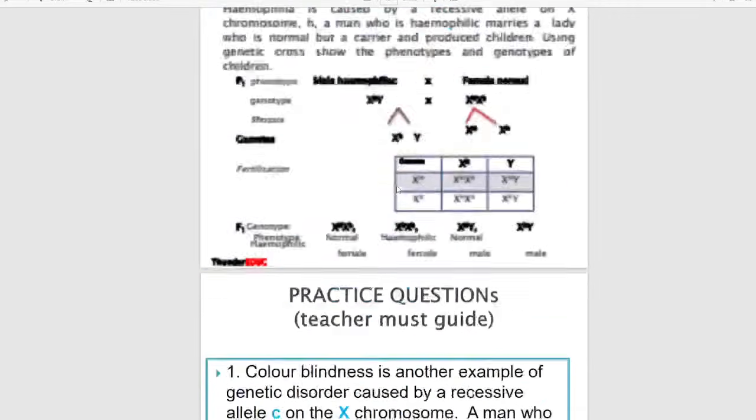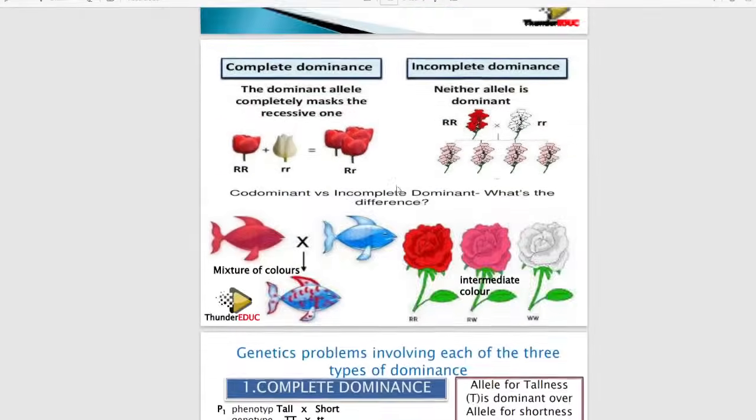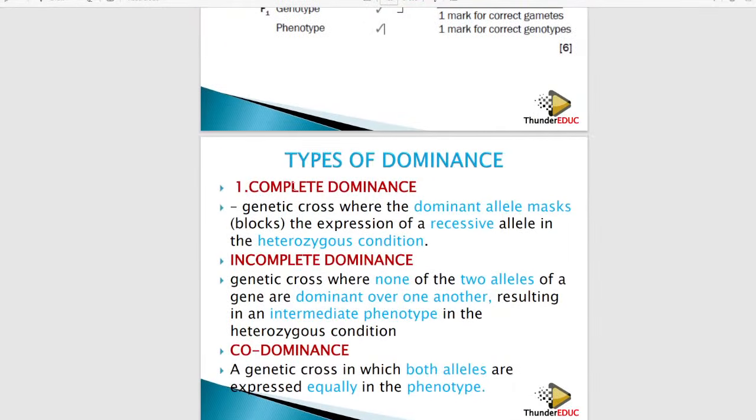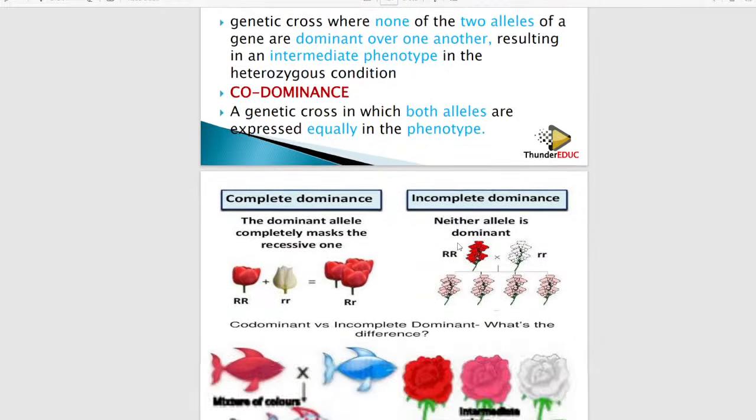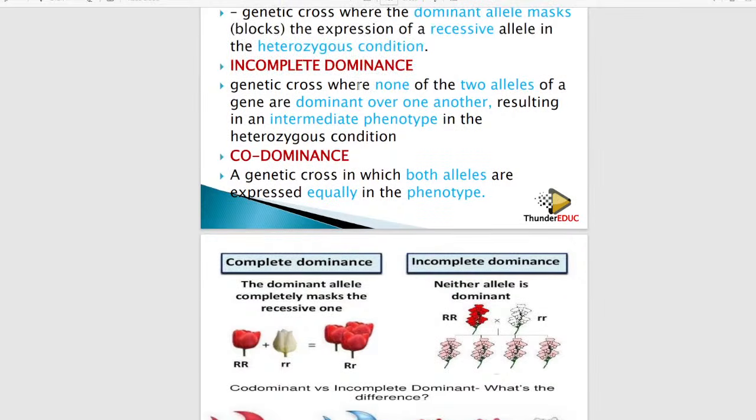So when you talk about the 3 types of dominance, this booklet addressed it very well: complete dominance, incomplete dominance, and codominance. In complete dominance, one allele is completely dominant over the other, meaning that you have a capital letter and a small letter somewhere. In incomplete dominance and codominance, both alleles are dominant, but the only difference is that in incomplete dominance you produce an intermediate.